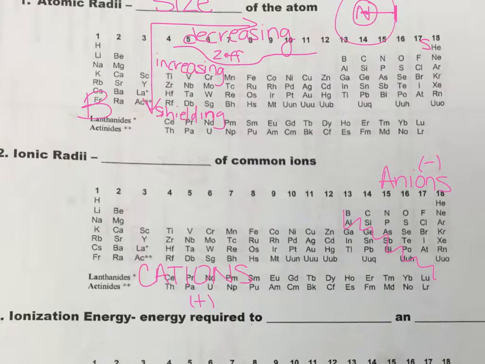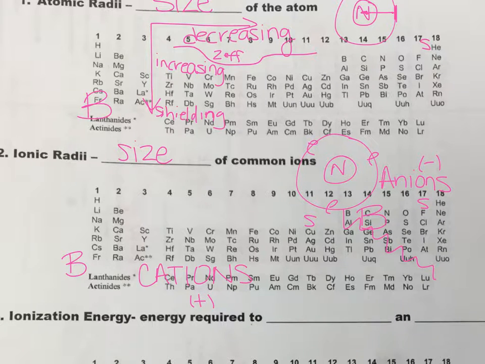That's because as you add another electron into this already full cloud of electrons, it's going to poof out even bigger. So anions are the bigger ions. But the general trend with the size of your ions is that you still have a big corner and a small corner. It just starts over at that metalloids line.